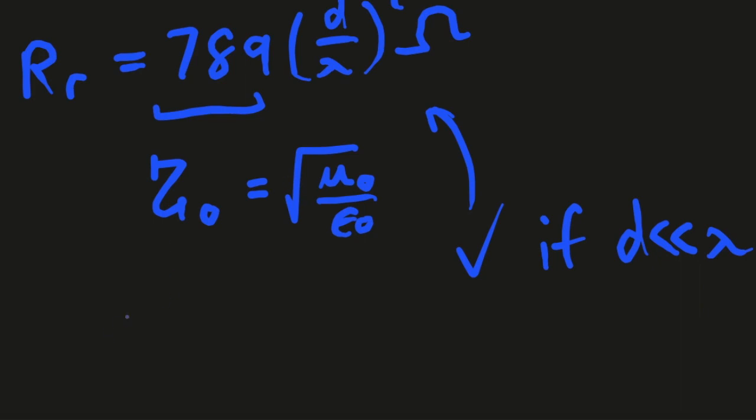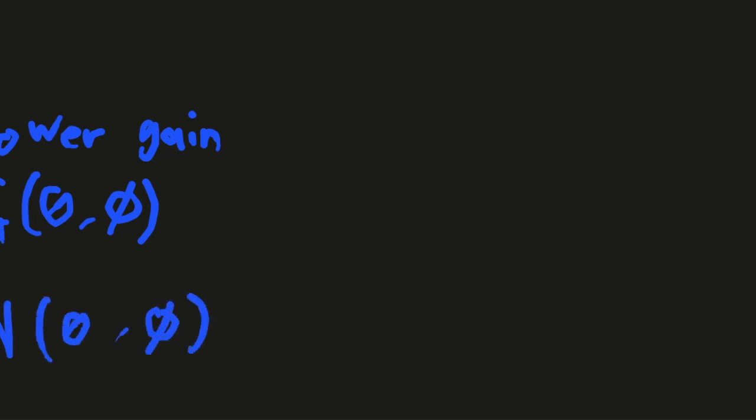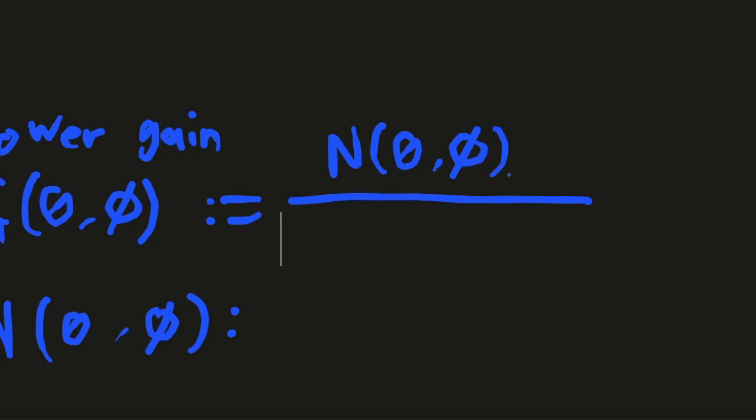And we want to look at the directionality of antennas. So we introduce the power gain, G(θ,φ). If we have something like the Poynting vector, then our power gain is defined as the Poynting vector in that small region we're looking at, over the integral over the solid angle.